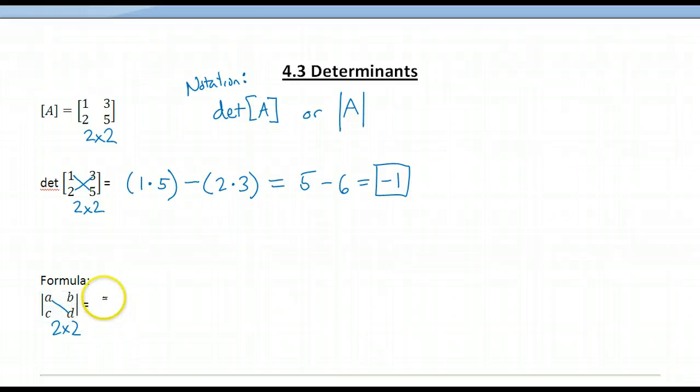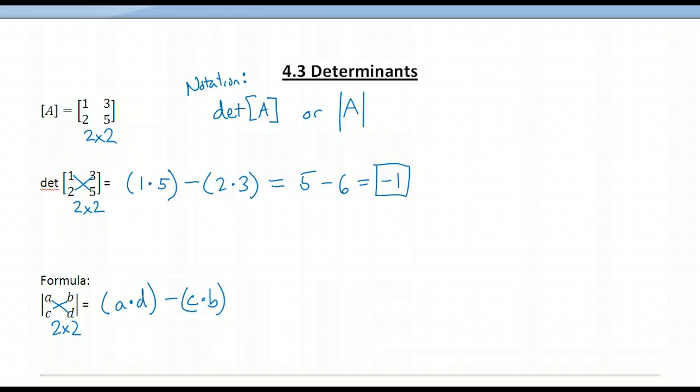A times D minus C times B. We can only take the determinants of square matrices, where our rows and our columns are the same. This is the formula for a 2 by 2 square matrix.